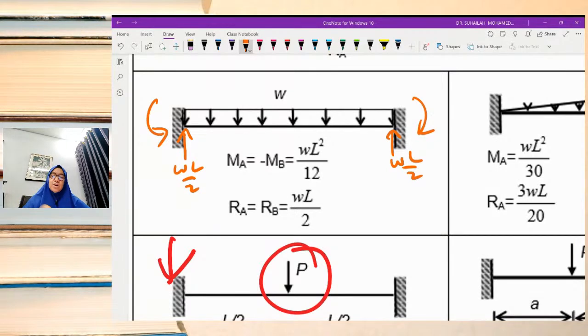The formula for moment is WL squared over 12.